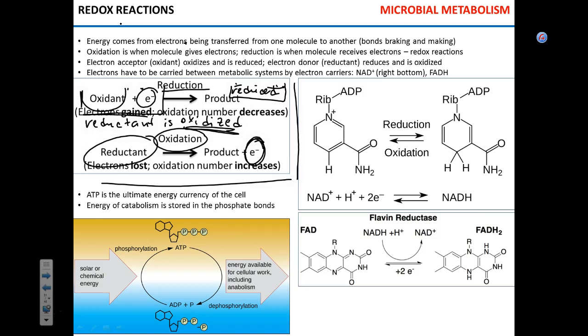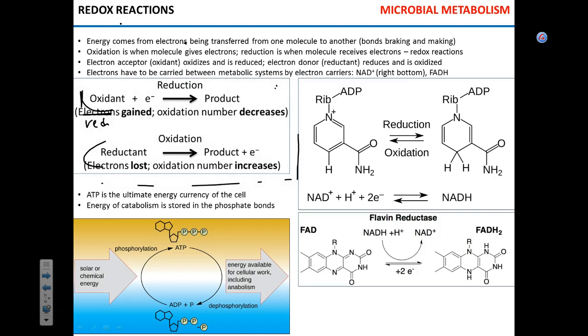Now, one really important feature of oxidation and reduction is that these two reactions are coupled. You can't get electrons from thin air. Is that understood? Electrons aren't just floating around free.